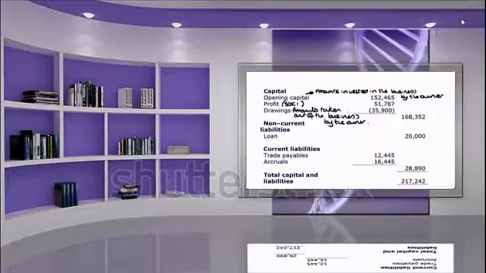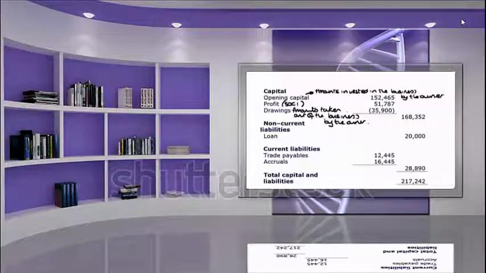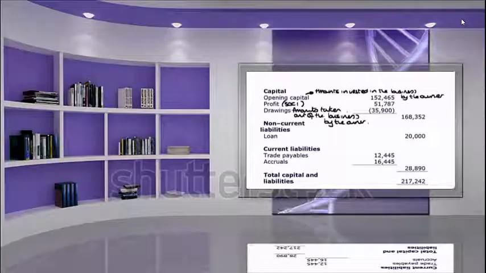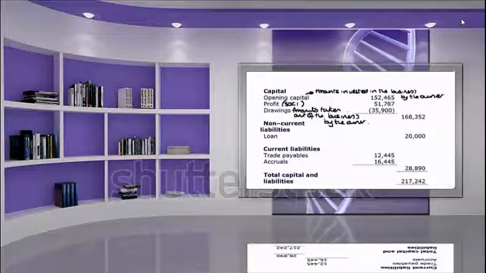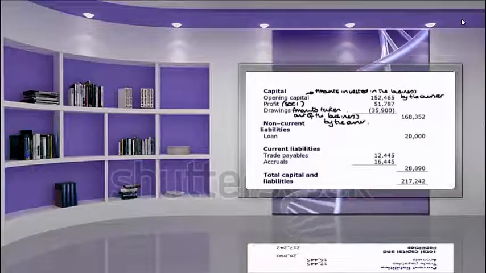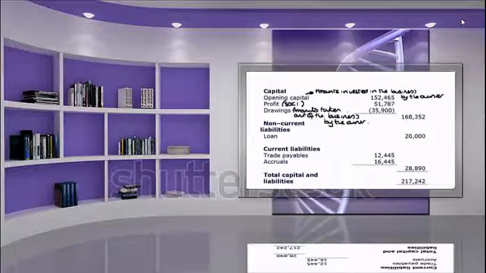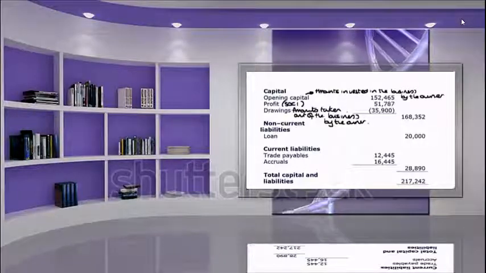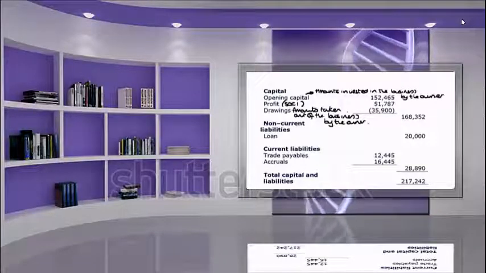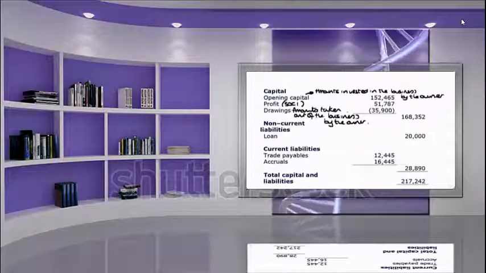Our final element of the financial statements then is liabilities, and just like with assets, we split them into non-current liabilities and current liabilities. We're starting off with non-current liabilities.